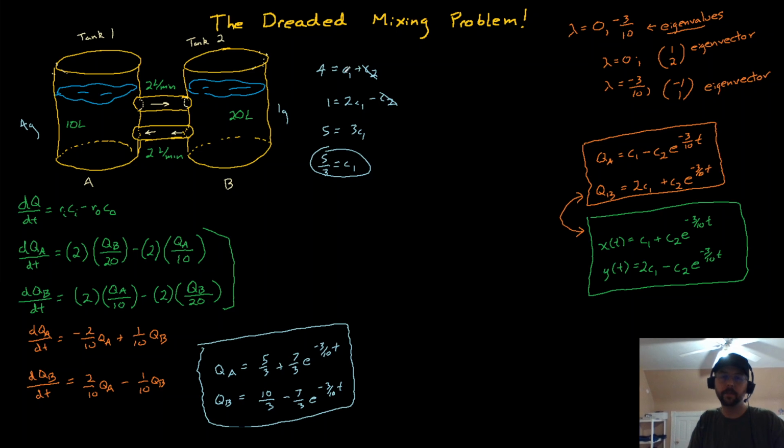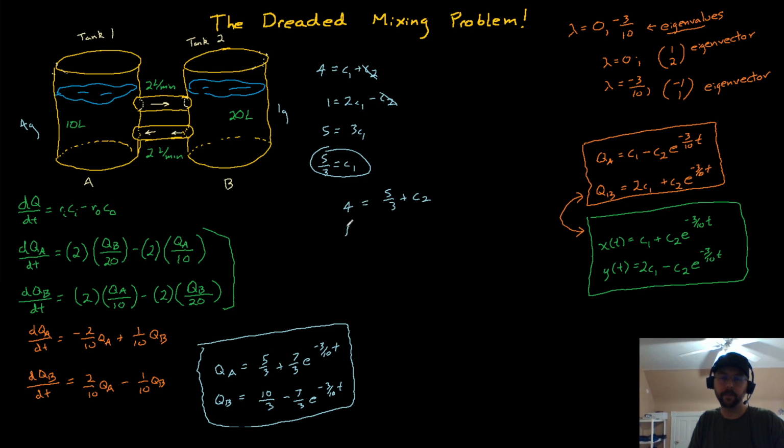Now for C2, let's plug into the top one this time. 4 equals 5 over 3 plus C2. Let's subtract. It would be 4 over 4, sorry, not 4 over 4, 4 over 1.